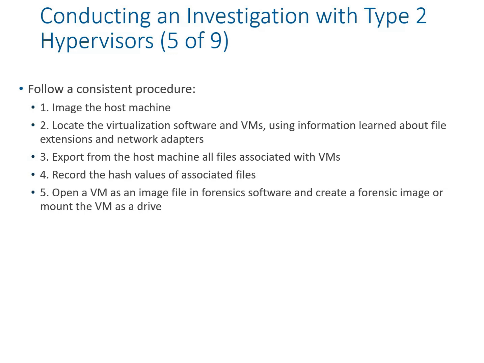Locate the virtualization software of the VM using the information learned about the file extensions. The extensions for VirtualBox, VMware, Parallels, and Hyper-V are all different. So by looking at the extensions, you can easily tell which kind of hypervisor the virtual machine belongs to.